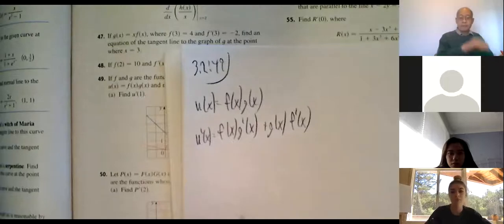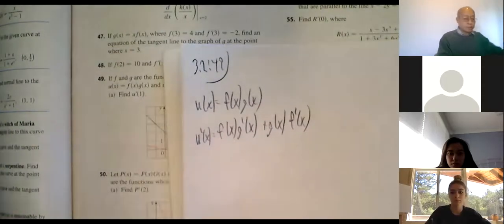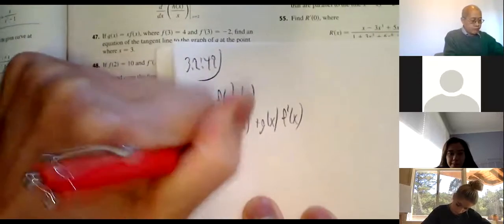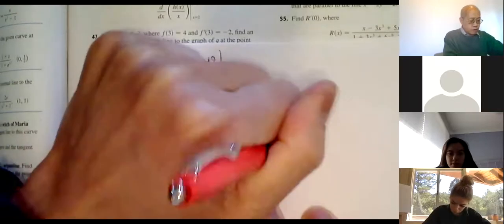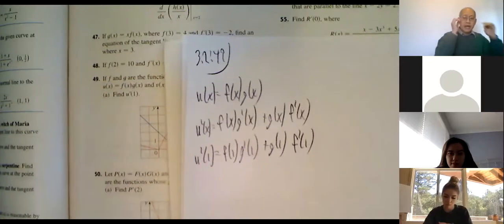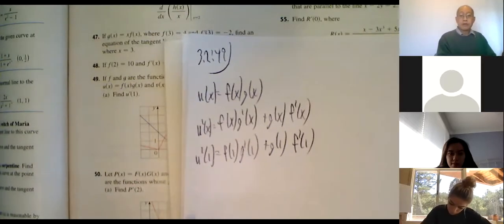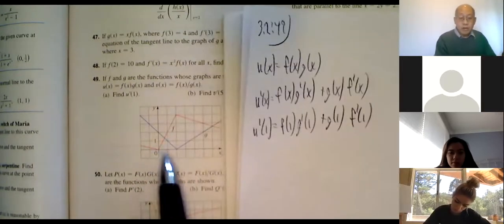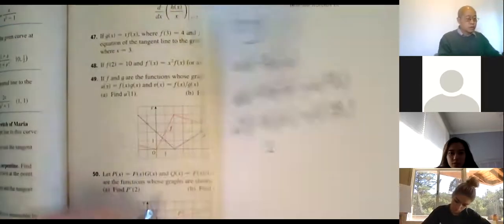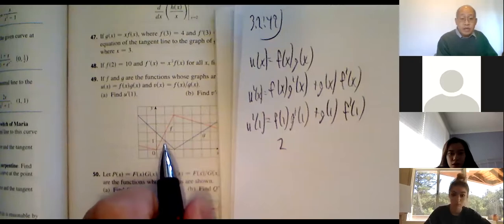That's the product rule. Okay, and then I'm supposed to plug in 1. So u prime of 1 is f of 1, g prime of 1 plus g of 1, f prime of 1. Okay, the primes mean slope. The f's are just the graphs. Okay, so f and g of 1. f of 1 is 2. g of 1 is 1.